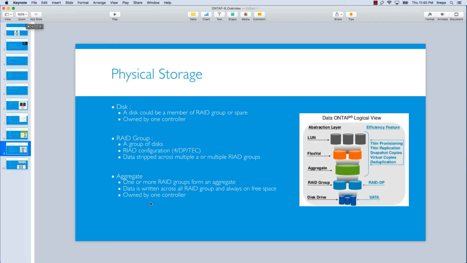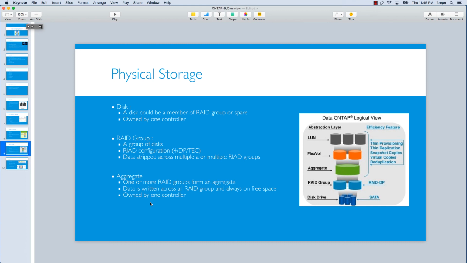So we cannot have an aggregate belong to two different nodes at the same time. Just one controller owns an aggregate at a time. But you can move an aggregate between the two nodes of an HA pair for different reasons.